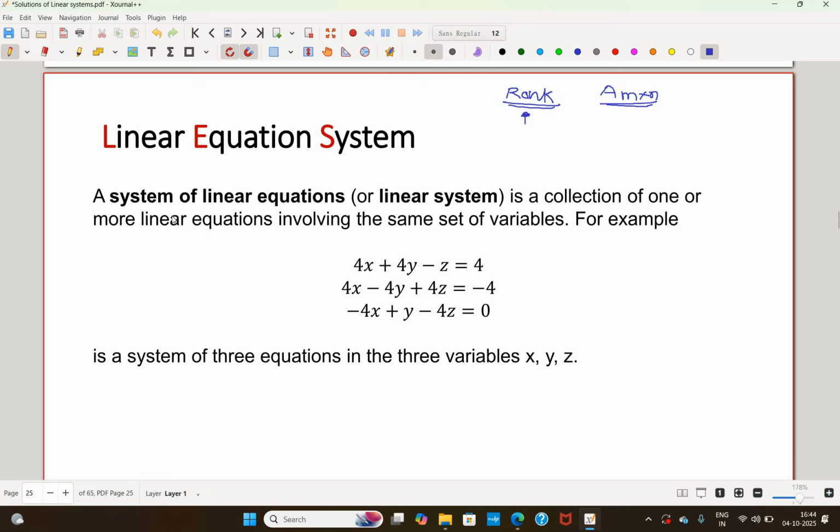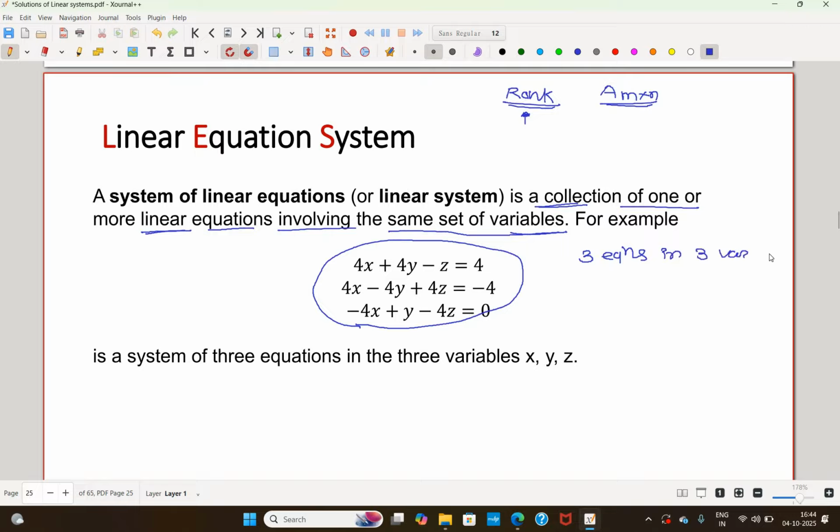Right? Okay. Now let me first elaborate what this system of linear equations means. Actually, it is a collection of one or more linear equations, where each of the variables has degree 1 and no two variables are in product. So, one or more linear equations involving the same set of variables. For example, here you can look, we have three equations in three variables.